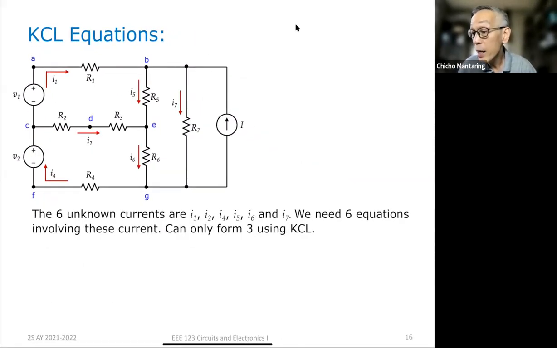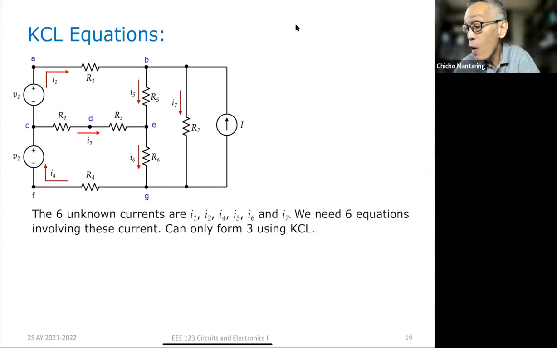What are my 3 KCL equations? So where are my essential nodes? These are my essential nodes: B, C, E, and G. Okay, ang gagawin ko, dun sa 4 na essential node, mamimili ako ng isa. I'm going to make that my reference.